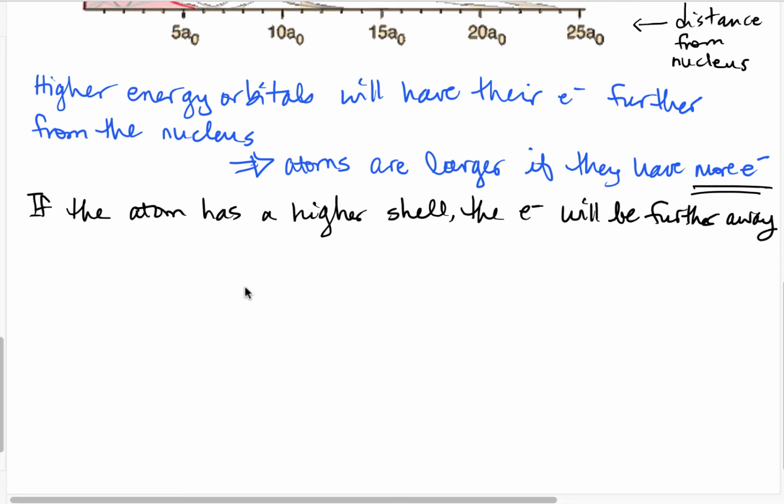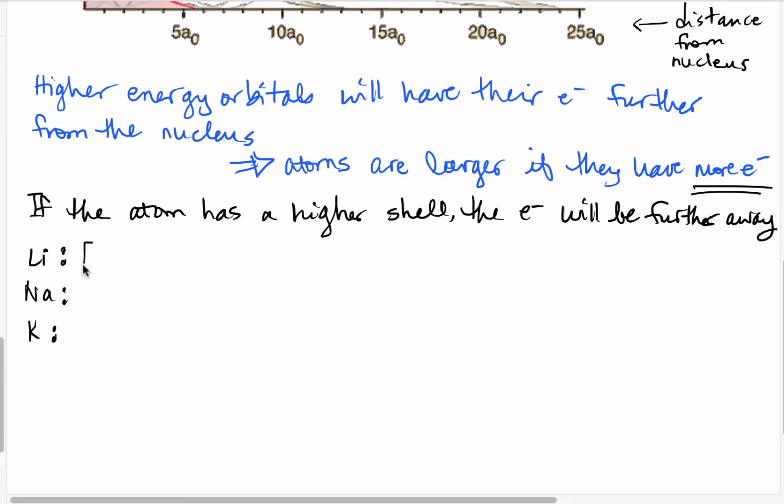So let's take a look at some atomic sizes for some of the alkaline earth metals and the alkaline metals. So let's just look at lithium and sodium and potassium and remember what their electron configurations are like just as a review before we do this.